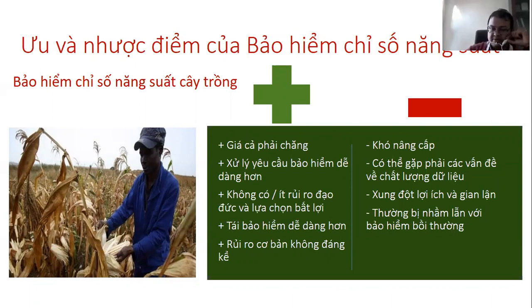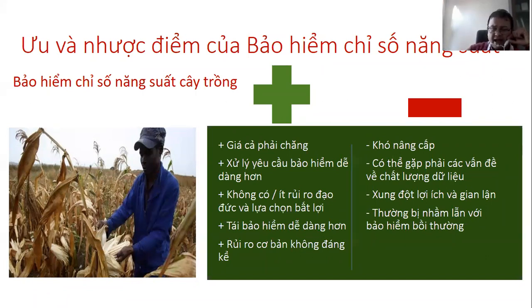So, in terms of the advantages with yield index insurance, the claims processing might be much easier to do, because it basically needs an estimate of the average yield in a particular area, let's say a particular commune or a village, and so on.